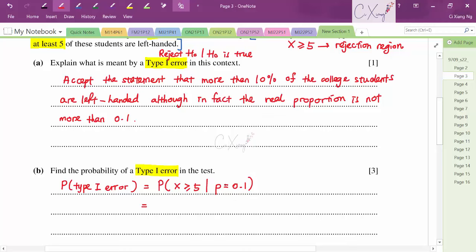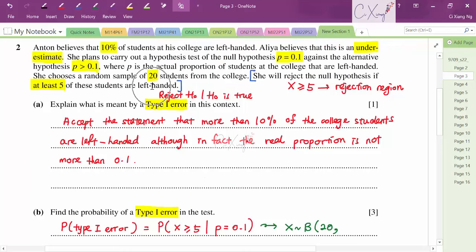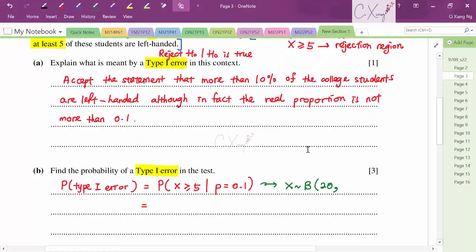To calculate this probability, you should know that the distribution for this question is binomial. We are having 20 students as a sample, and the left-handed probability is 0.1. So when we want to calculate the type 1 error, you have to use the binomial distribution and calculate the probability.